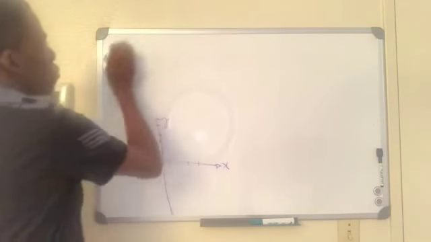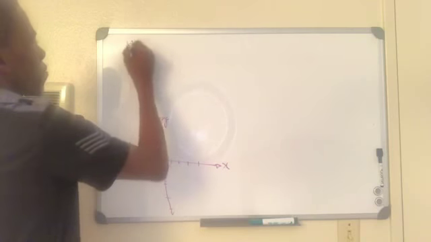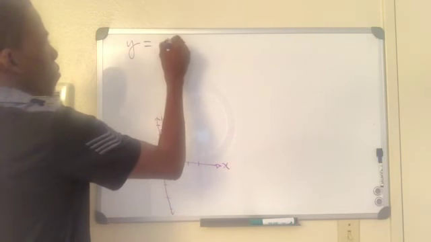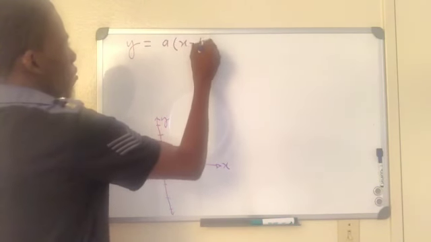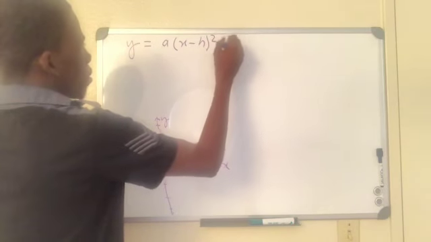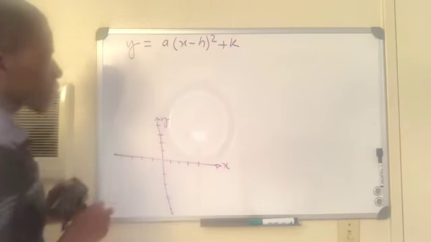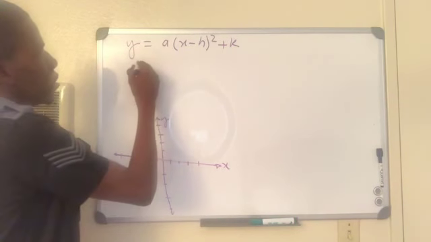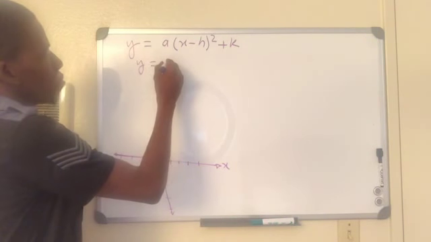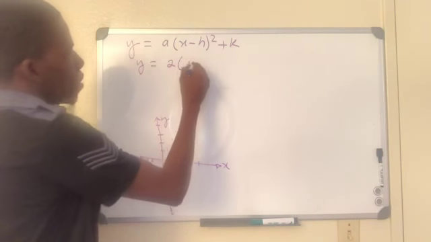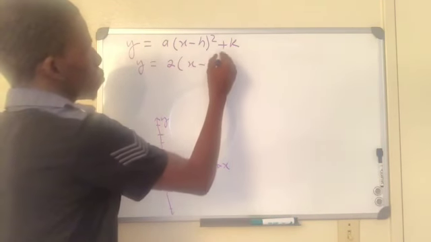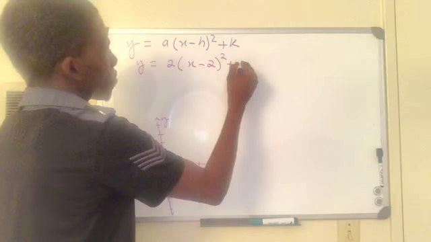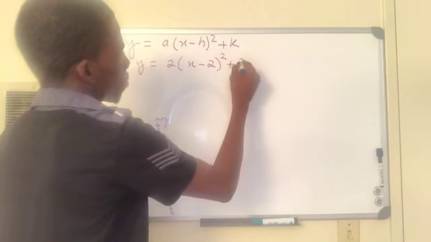For our example, we're going to consider y as a function of x. So it's going to be x minus h squared plus k. So let's say, for example, we have y equal to 2 times x minus 2 squared plus 3.